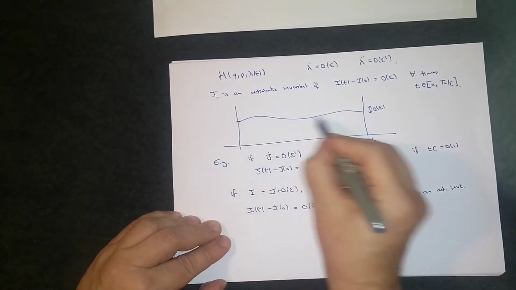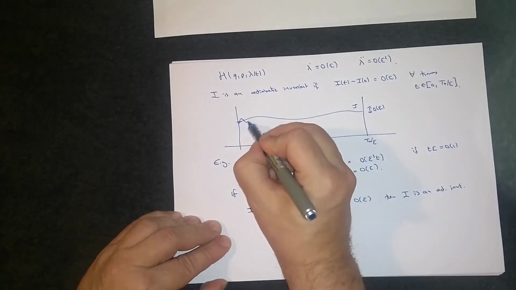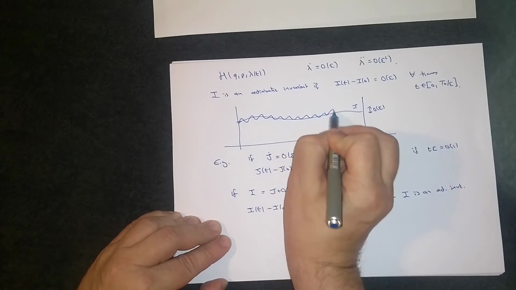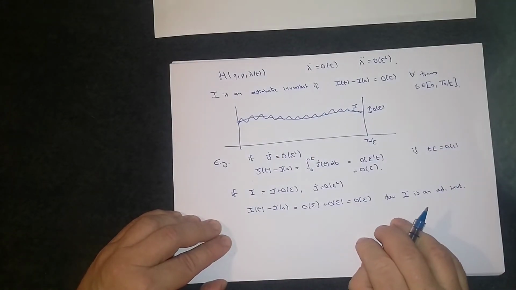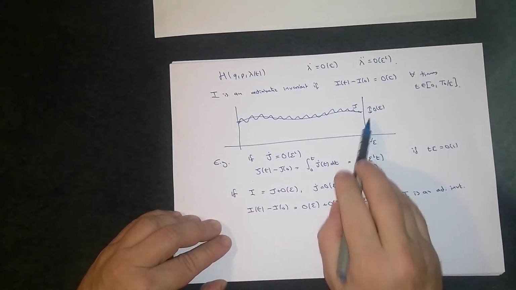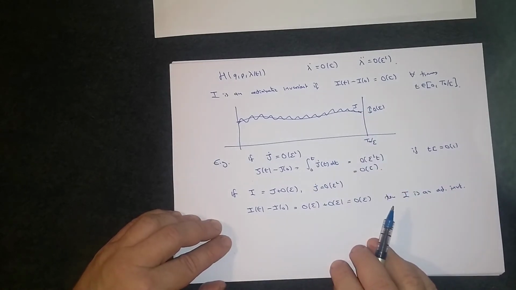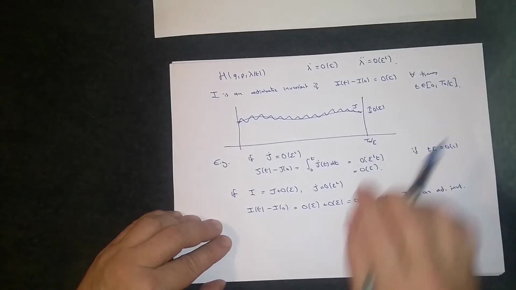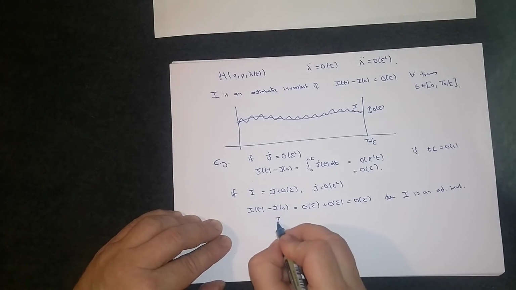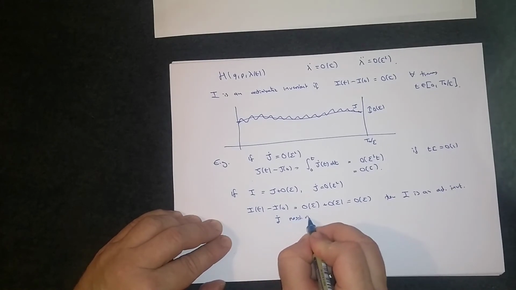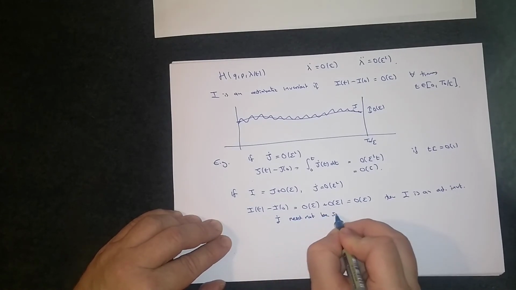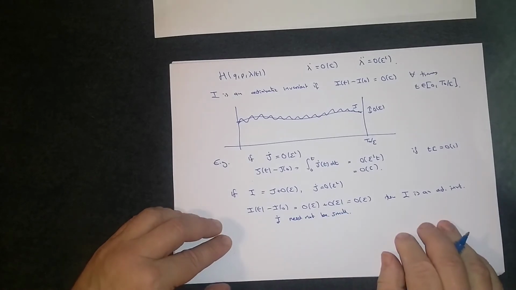So the idea is that if this was j, I is just tied to j, and its change over long periods of time is small, although its rate of change, I dot, need not be small in any sense.